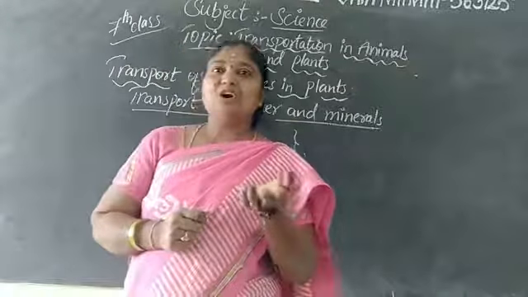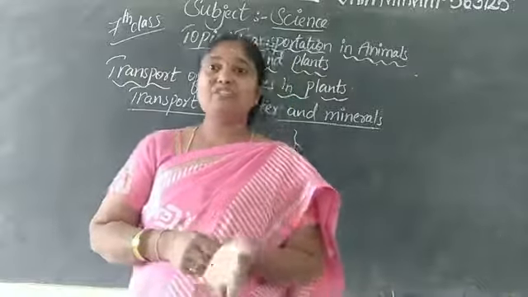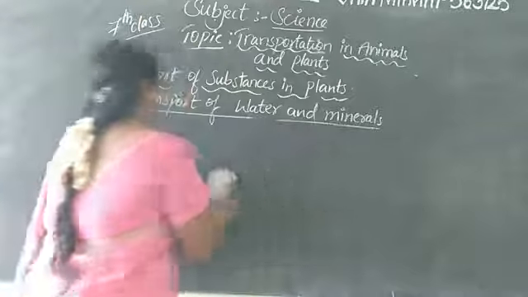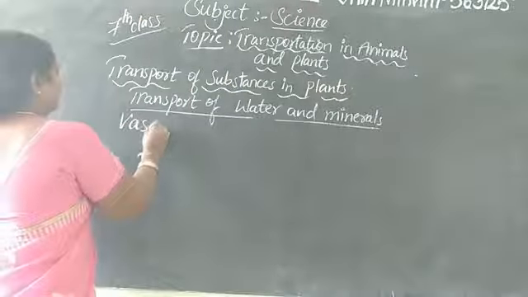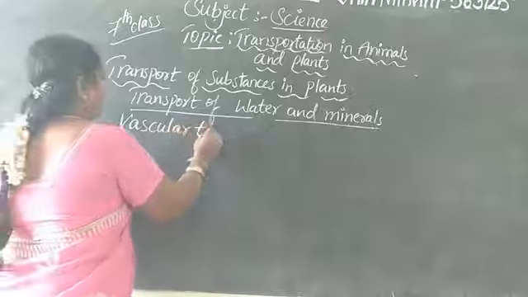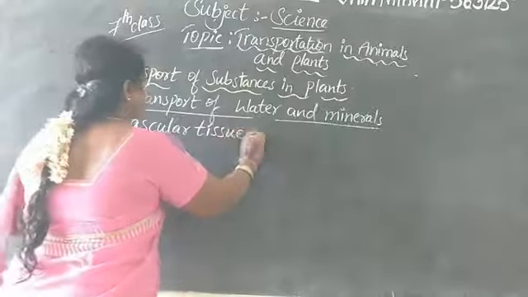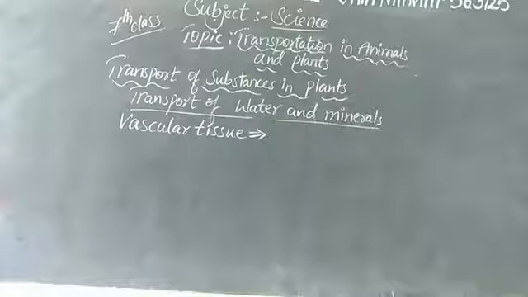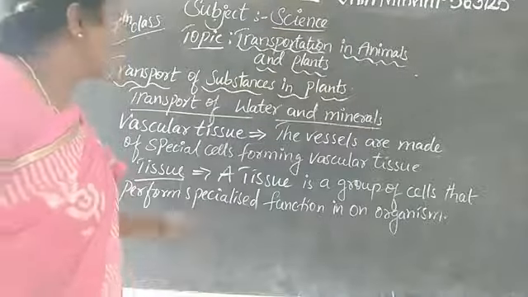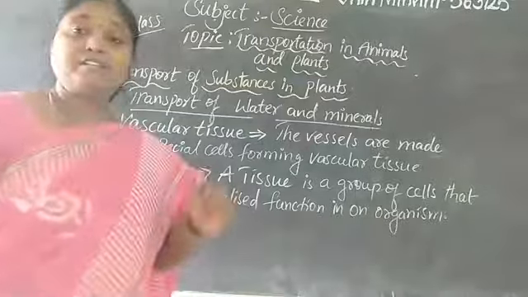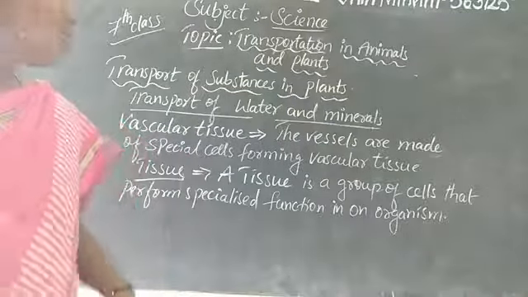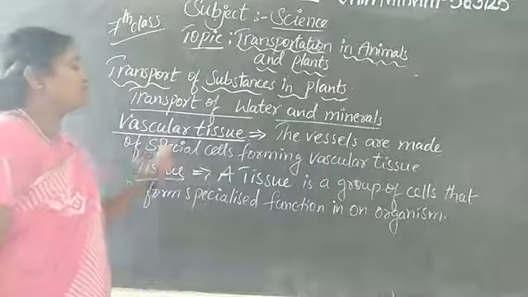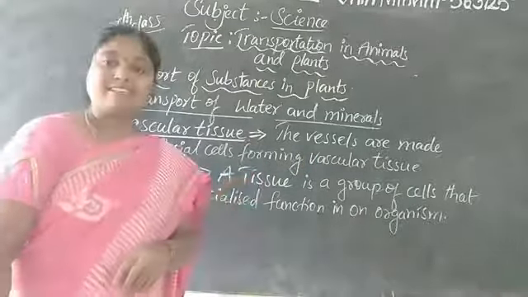The vessels are made up of special cells forming the vascular tissue. What do you mean by vascular tissue? The vessels are made of special cells forming the vascular tissue.